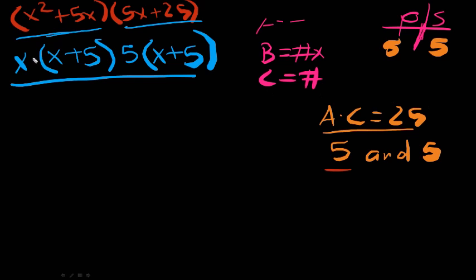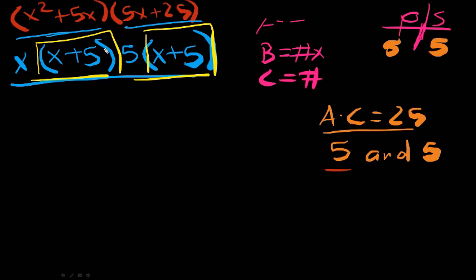Now we're not completely done, we're almost done. Once we have this, an important thing to remember is that these parentheses here have to match. They have to be exactly the same. If they don't match, then you did something incorrectly and it's not going to work.